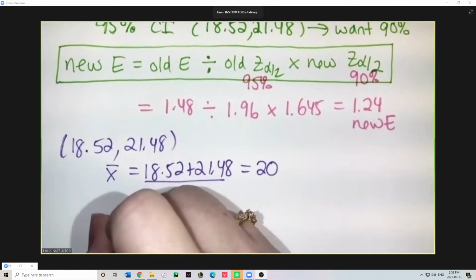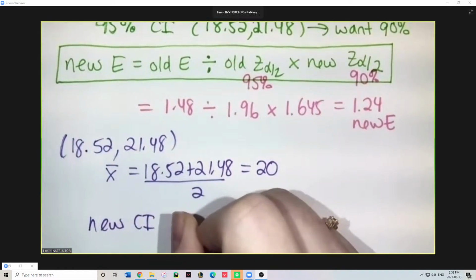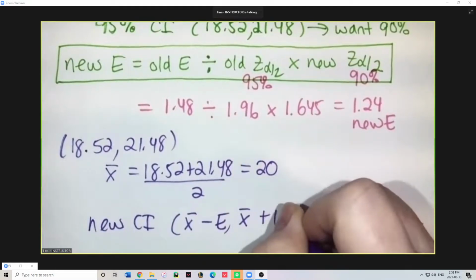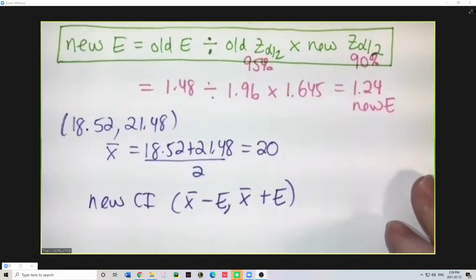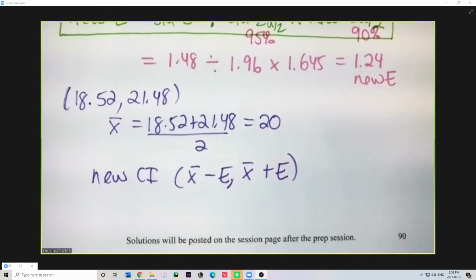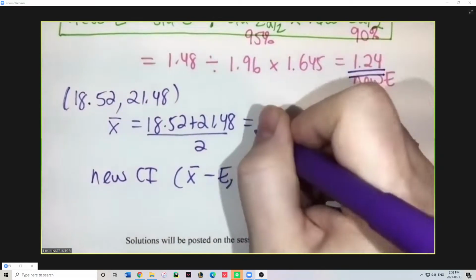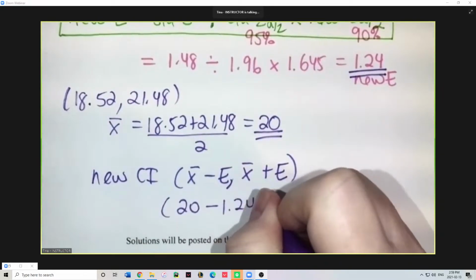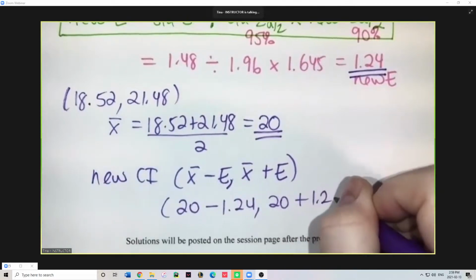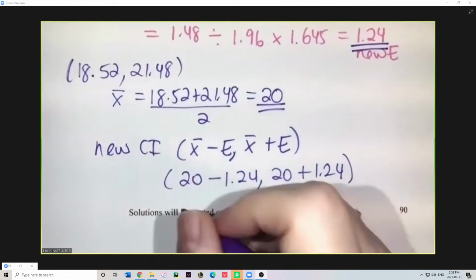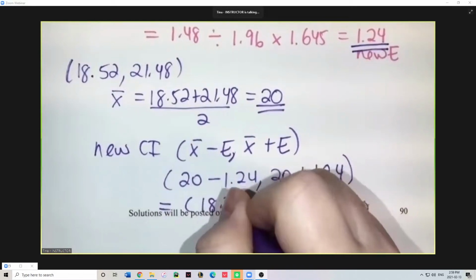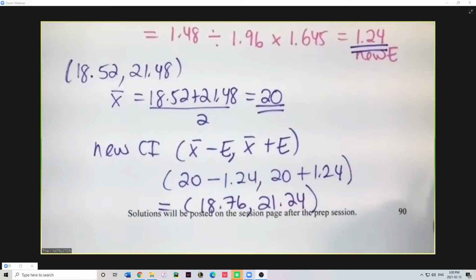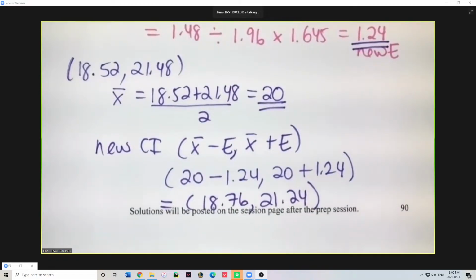So the new confidence interval will be X bar minus E and X bar plus E. So here's the E right here, and here's the X bar. So we have 20 minus 1.24 and 20 plus 1.24. And that would be our new interval.